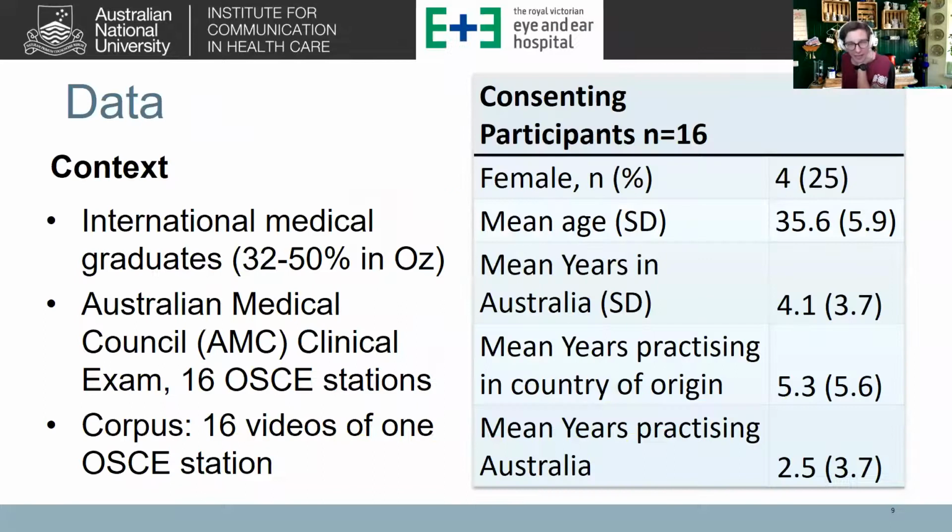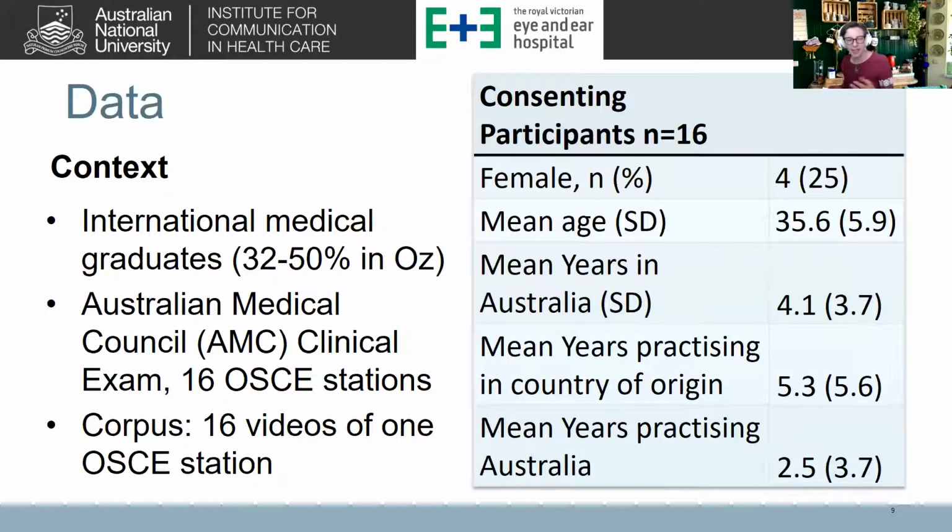So the data that I have is from a clinical examination exam. That means international doctors that come to practice in Australia have to sit an exam to be able to practice here.